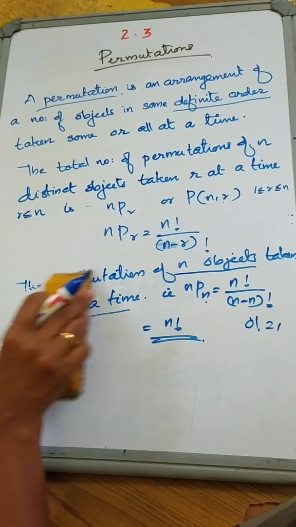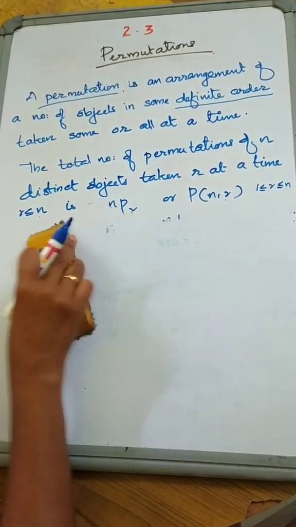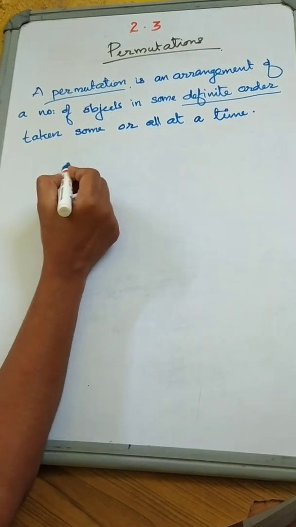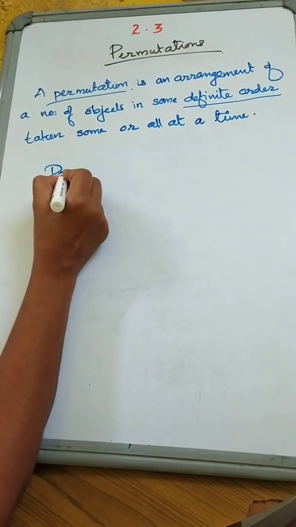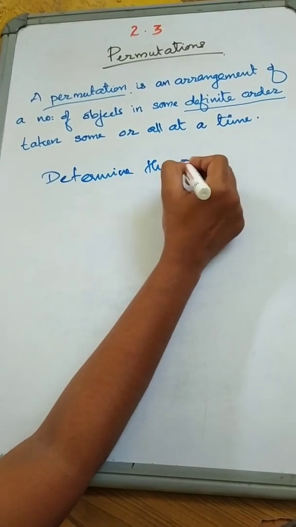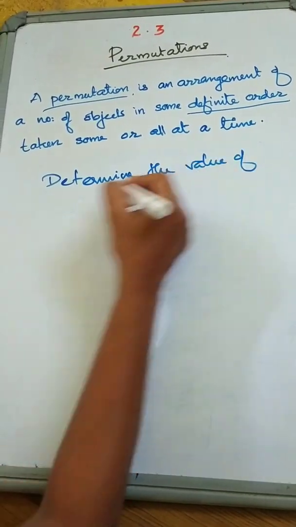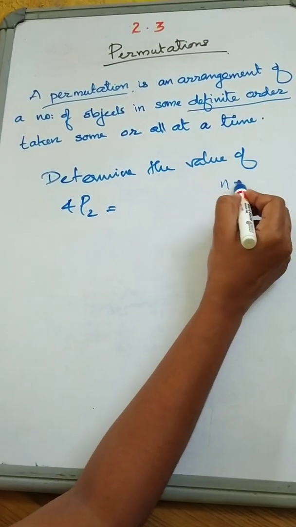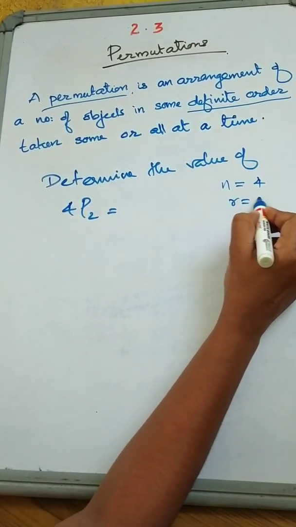Let's have some problems on this. Determine the value of 4P2. How will we calculate this? In the place of n it is 4 and in the place of r it is 2.